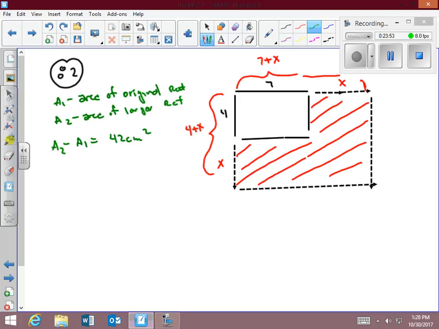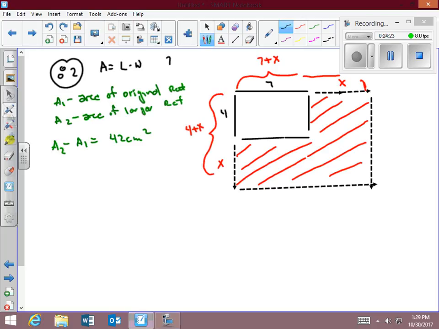Now, the formula we're going to use is area equals length times width. And the thing I'm trying to figure out is to find the length and width of the larger rectangle. So what I want to know is 7 plus x and 4 plus x, right?